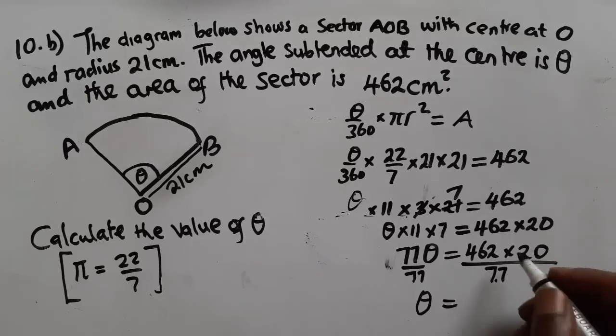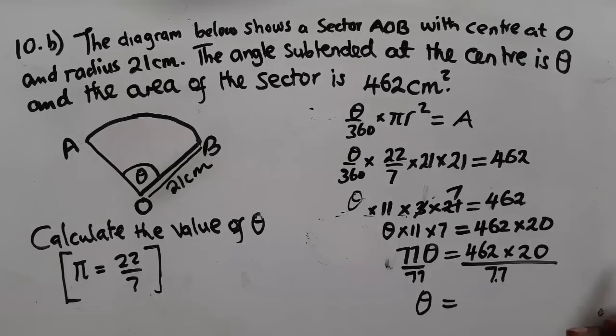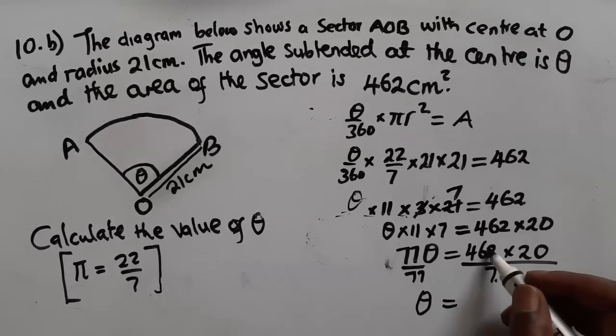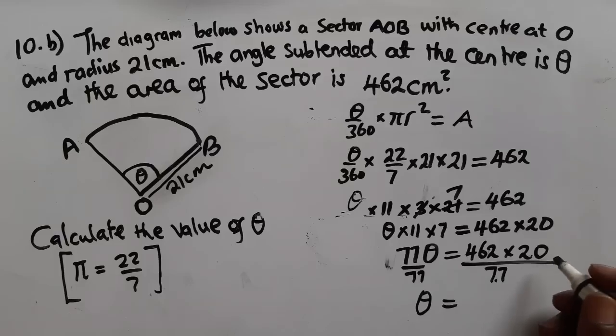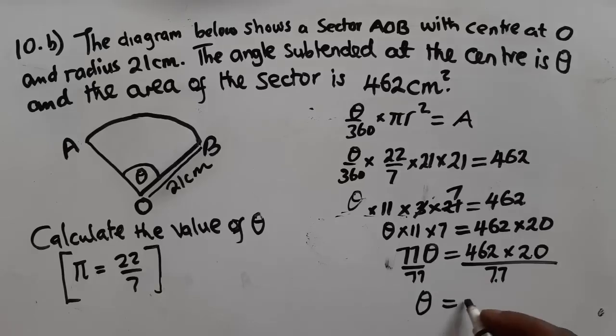We are going to get 6, isn't it? 77 goes 6 times. So 6 multiplied by 20. What do we get? We are going to get 120 degrees as the value of our theta.